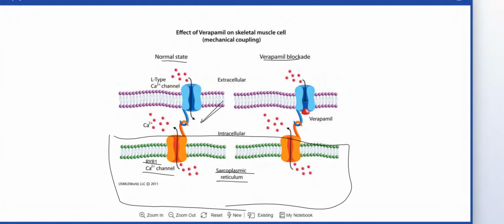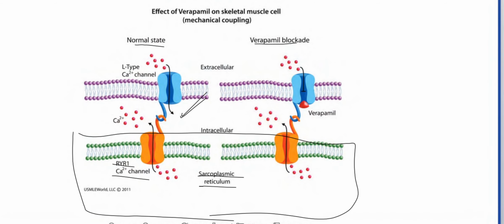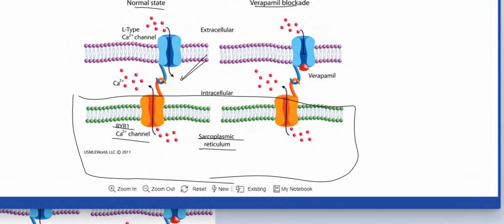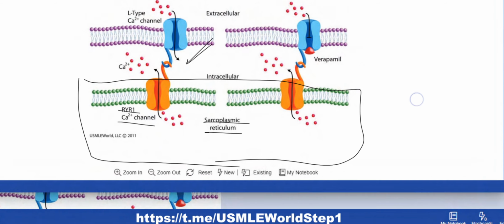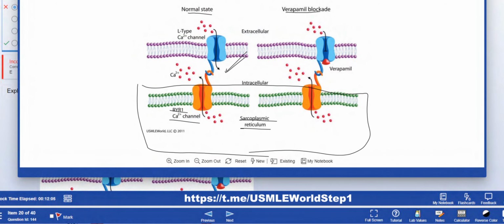This is mechanical communication, and inside the cell we have the RYR type 1 calcium channel, found in the sarcoplasmic reticulum, right?